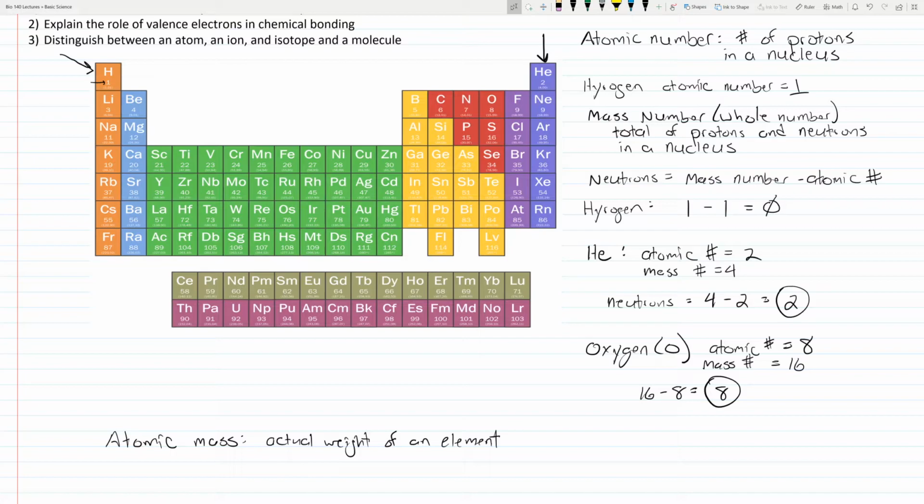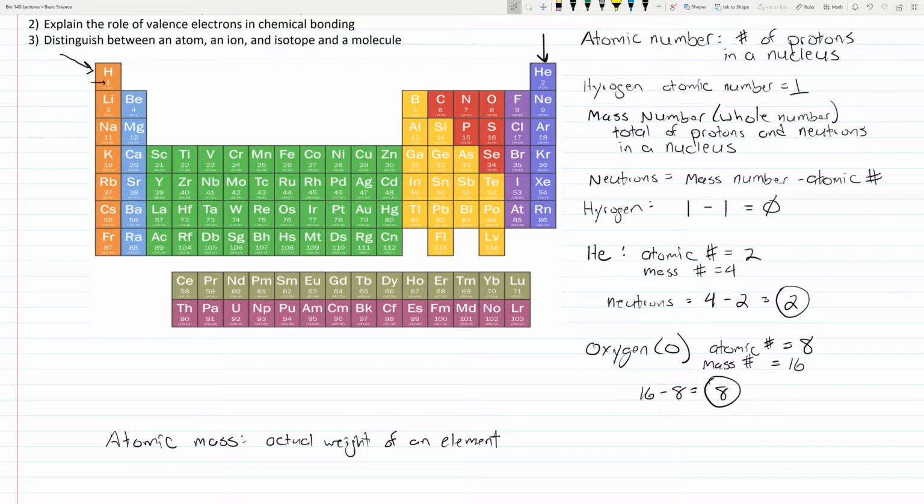In nature, about 1% of the carbon is carbon-13, which means it has 7 neutrons, or carbon-14, which means it has 8 neutrons.